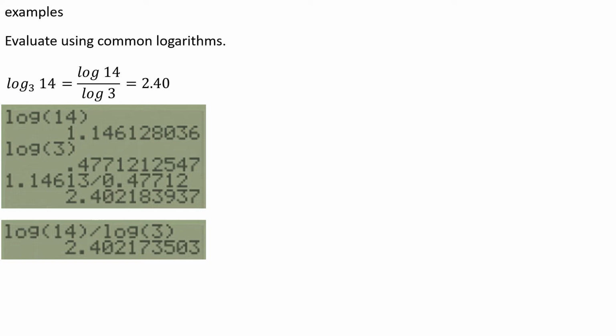Now, if I actually just do it all in one shot, instead of rounding off my answers as I go, I still get about 2.40. But you'll notice when we get about 5 decimal places deep, it changes a little bit. But it's still going to be about the same thing, 2.40 if I round off to 2 decimal places.